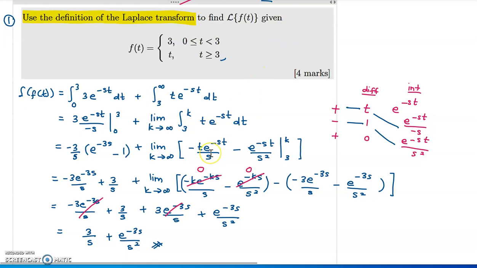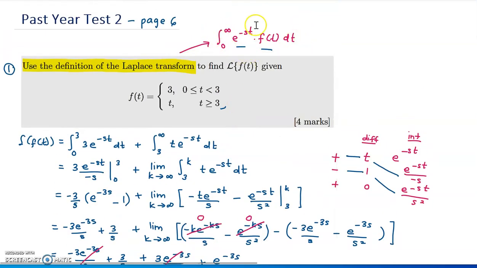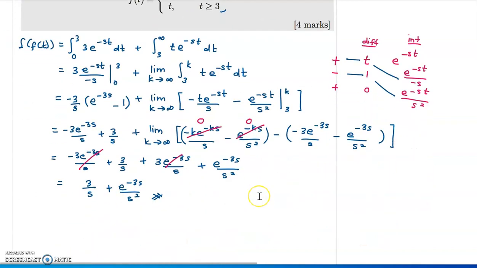So this is how we solve. Normally students were losing marks because of this integration, not really the formula. Students basically can know the formula because it's given in the table of Laplace. So the rest is just solving the integral.